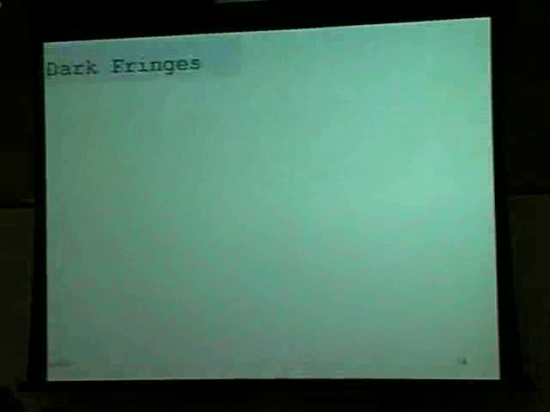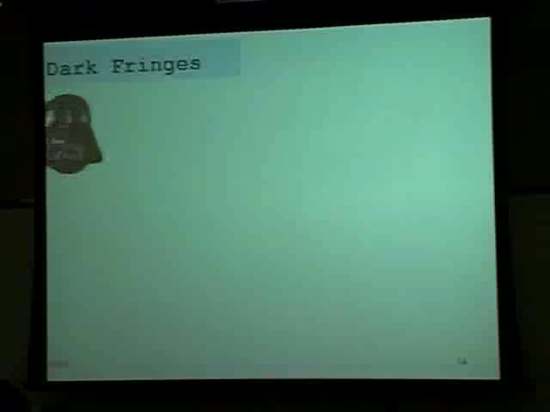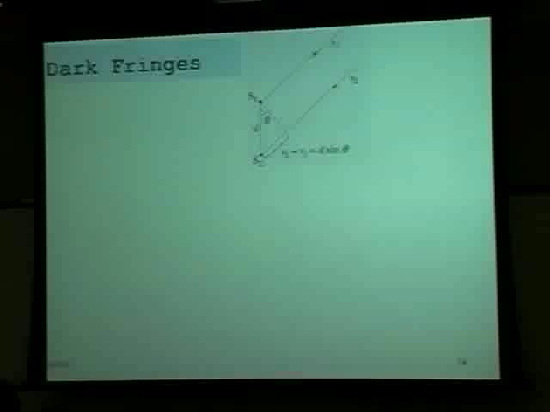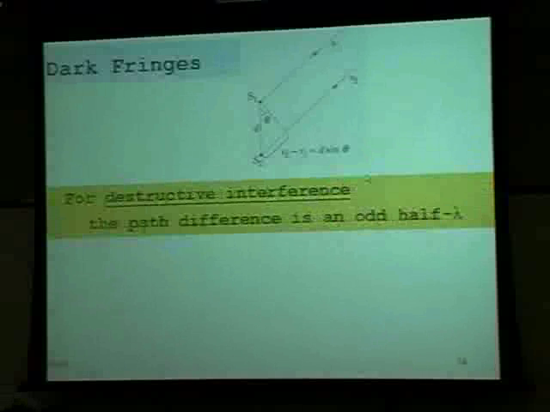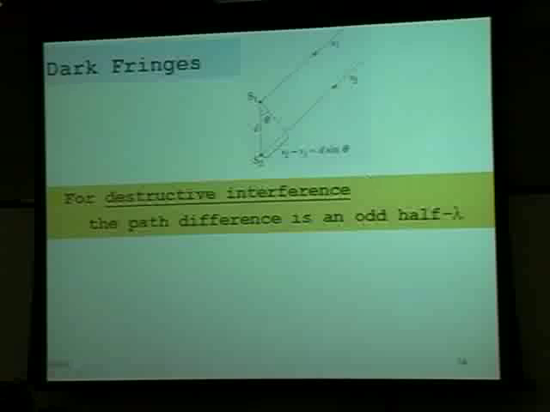For dark fringes, the path difference would be an odd multiple of half wavelengths, so that we would have destructive interference.